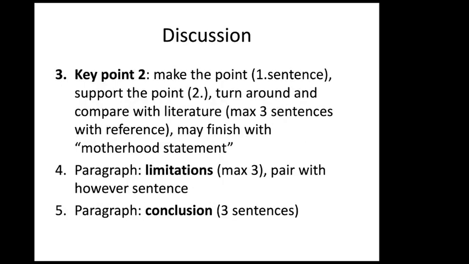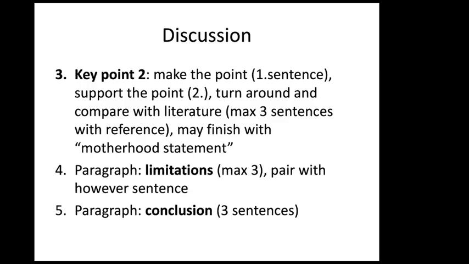So we're doing exactly the same thing in key point 2. Let's say my key point 2 is one regimen is safer than the other. We had less toxicity. Then I make the point, I prove the point, saying while there was serious infection in group A, 20% serious infection, we only had 3% of serious infection in group B. But then again, the same thing, how does it compare to studies that were published out there that have used perhaps the same treatment regimen or have used a different treatment regimen for the same population?